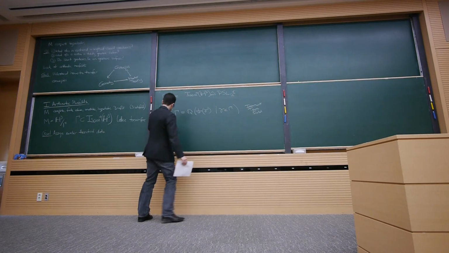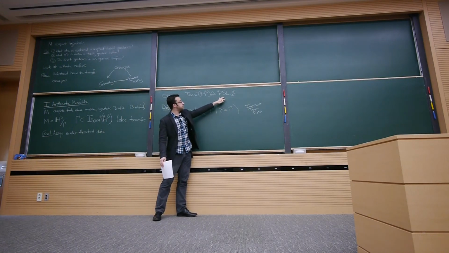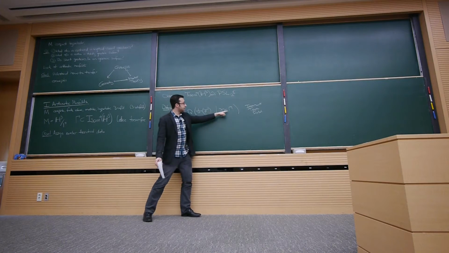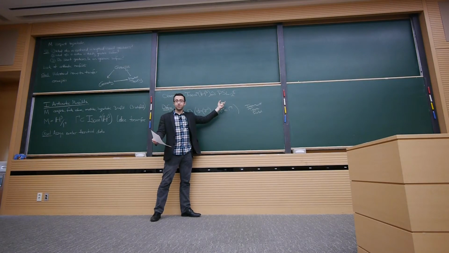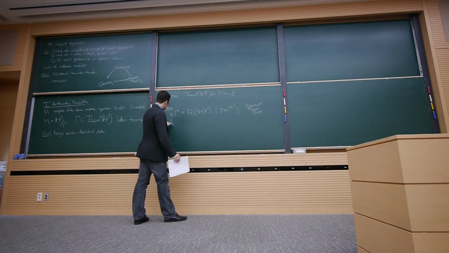And you can also define the following object. This guy sits inside of 2 by 2 matrices, so you can just add them and look at the span of this collection.